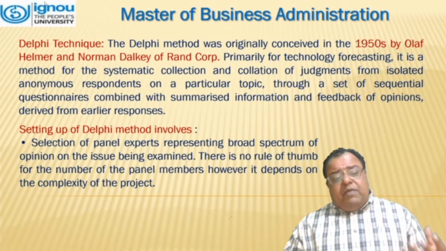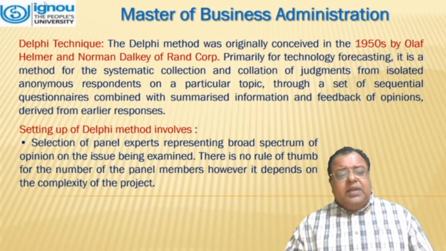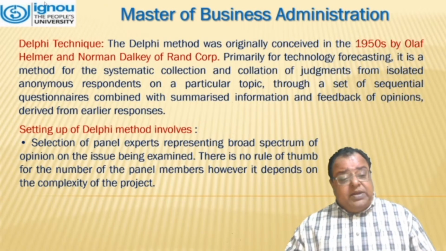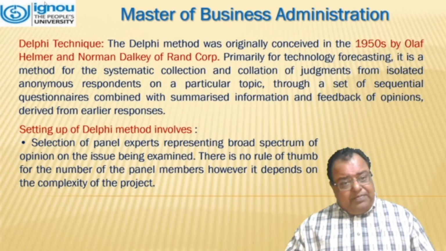Now, how does this Delphi method work? Initially, a panel of experts is selected, representing a broad spectrum of opinion on the issue being examined. There is no rule of thumb for the number of panel members; it depends on the complexity of the problem.